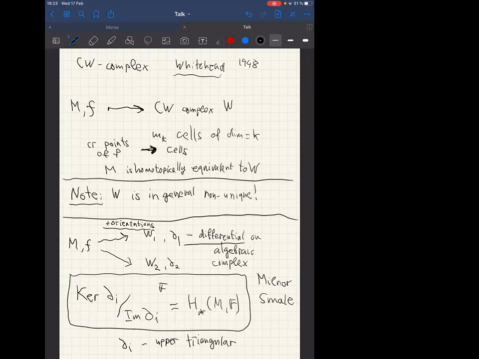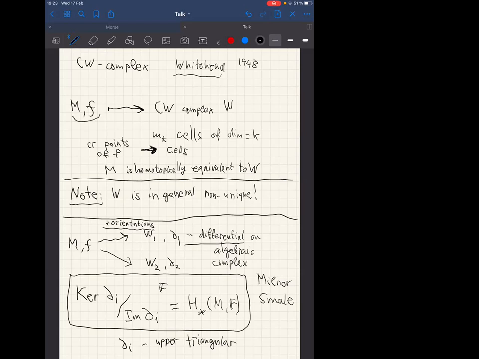Okay, then in 1948, the cell complex was invented by Whitehead, and one can explain Morse theory in terms of cell complexes. Really there is a construction. Starting from a strong Morse function, we can construct a cell complex.